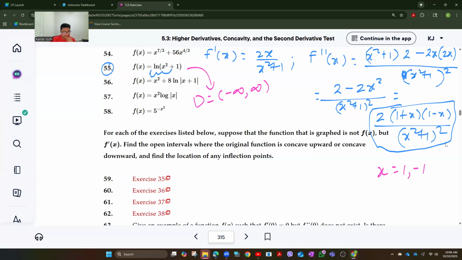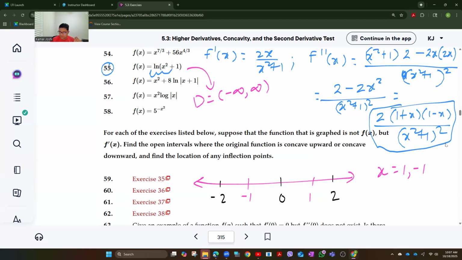Okay. And let's do it. Let's mark minus 1 and 1 there. And we can take other points in between: minus 2, let's say 0, and let's take 2. Let's evaluate the second derivative at those points.